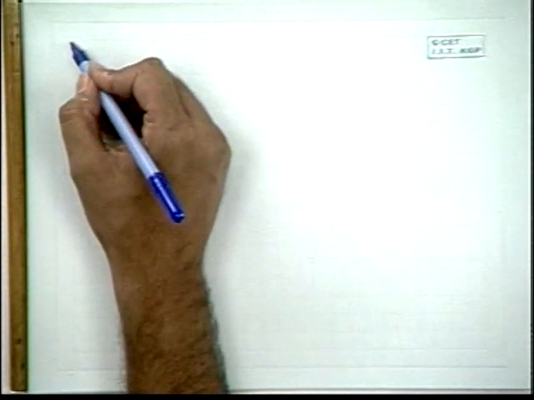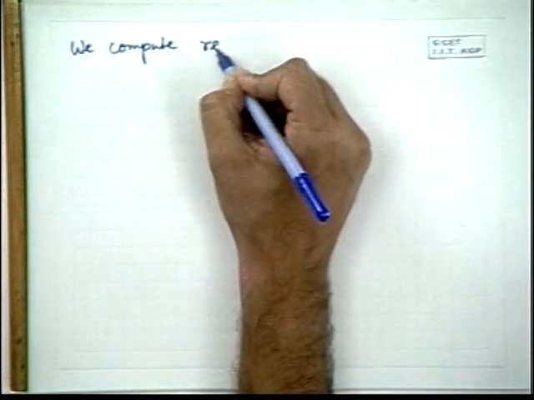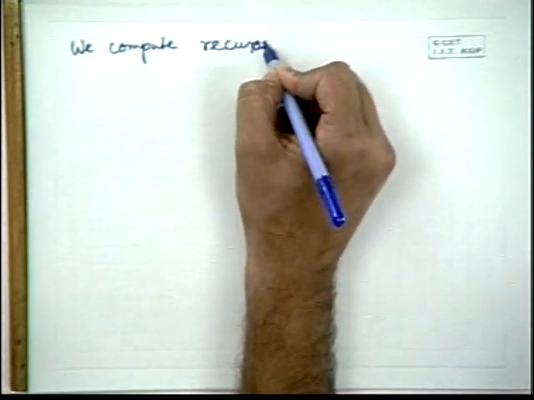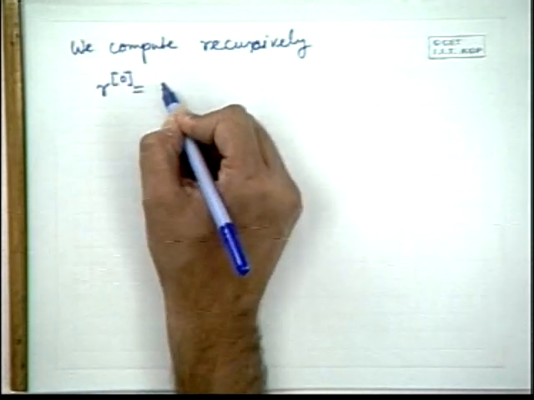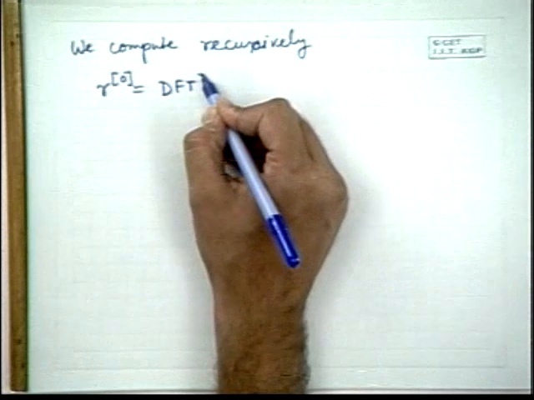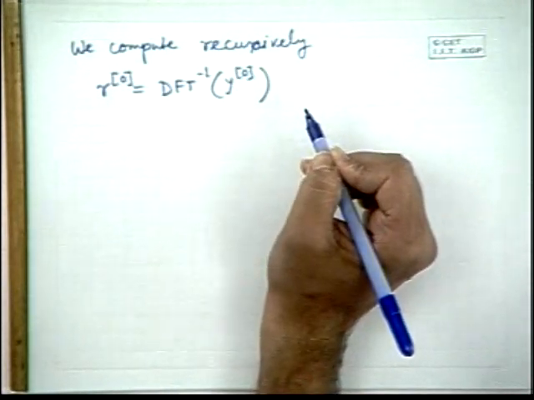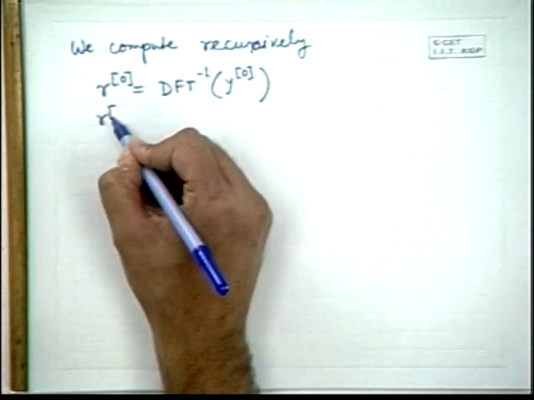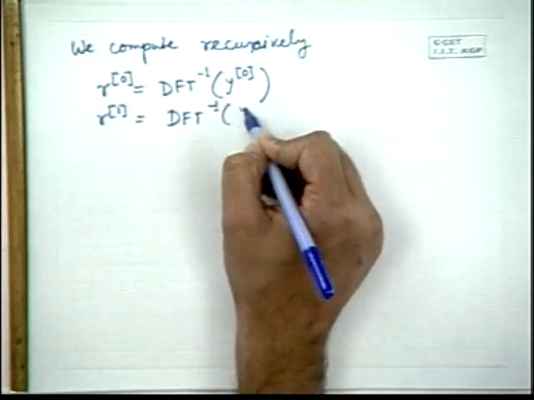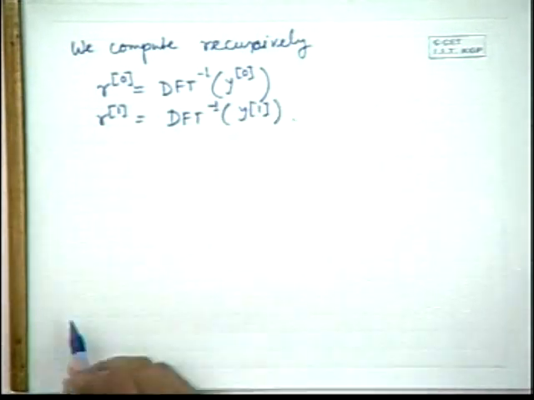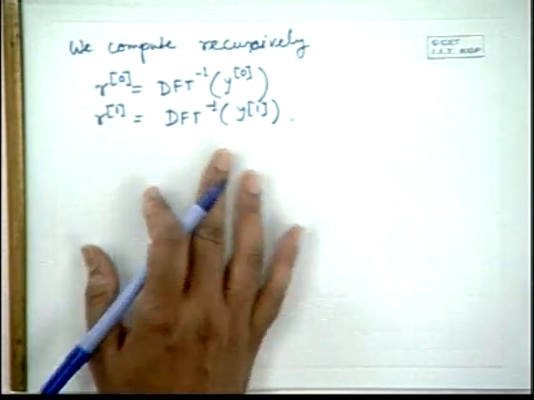What we will do is compute recursively R0, the first part, which is nothing but the DFT inverse of y0, that is one part of y, and R1, which is nothing but the DFT inverse of y1. This is a recursive call, actually.